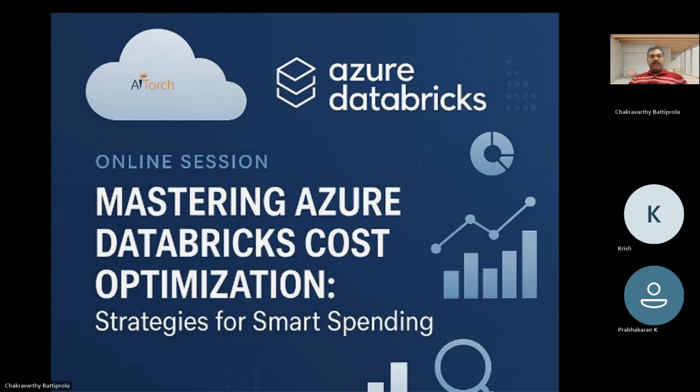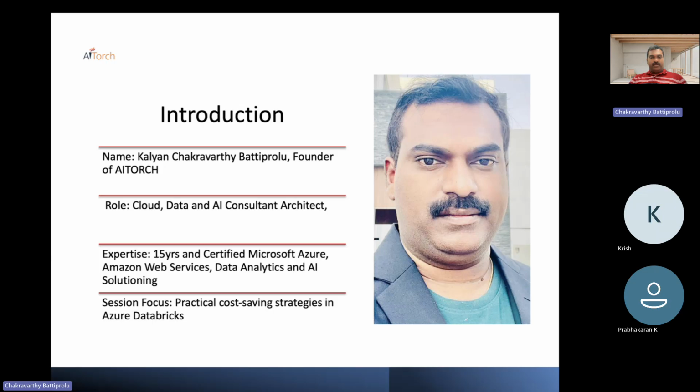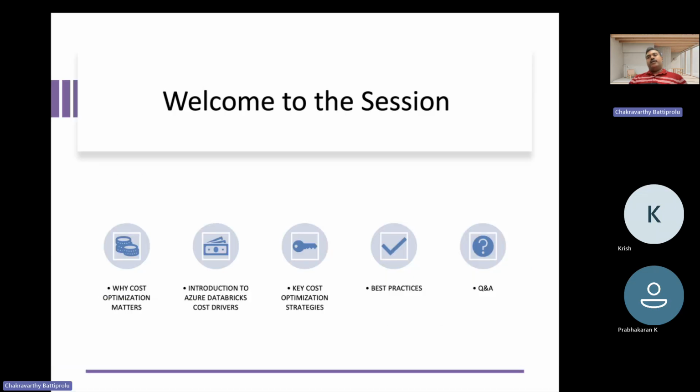Yeah. So I think I have already given my introduction, so I'm just skipping the slide. Coming to Azure Databricks, the agenda for today is, we need to understand why cost optimization matters. Everybody knows from the business perspective, when we started cloud, it's like pay as you go, and some things like reserved, so there are many factors.